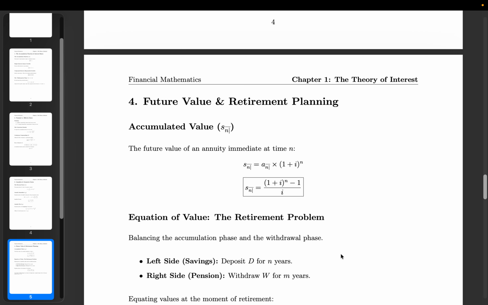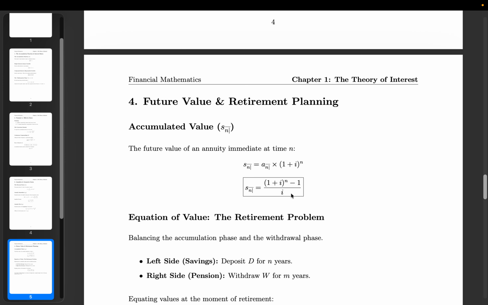You put $100 into an account every month. Interest is compounding. The first $100 has years to grow. The last $100 has no time to grow. When you sum all those up, you get the formula s angle n equals ((1 plus i) to the power n minus 1) over i.